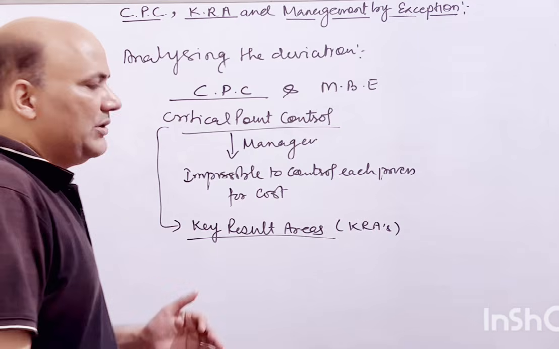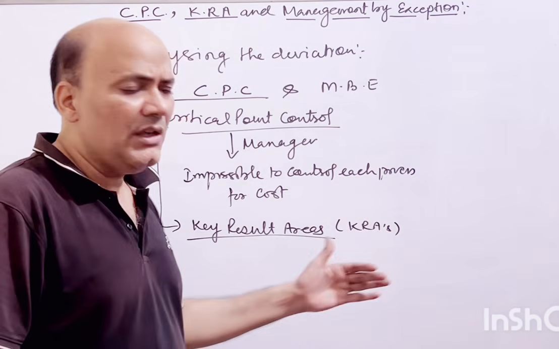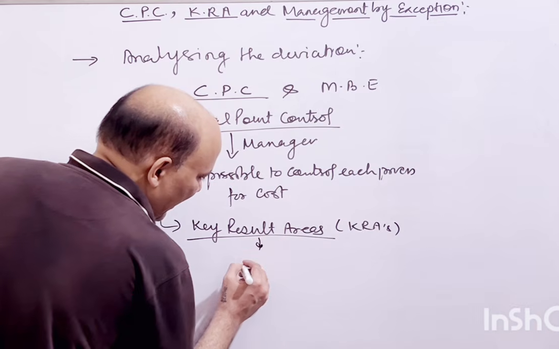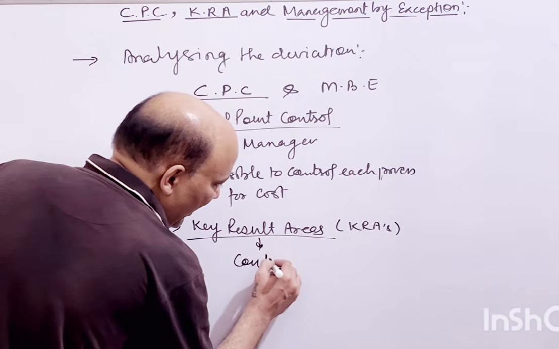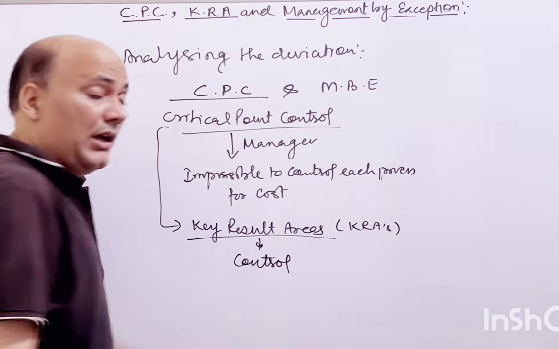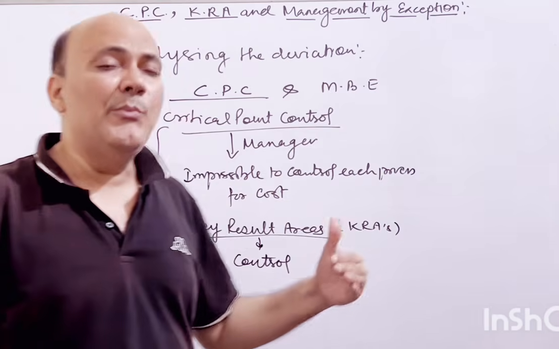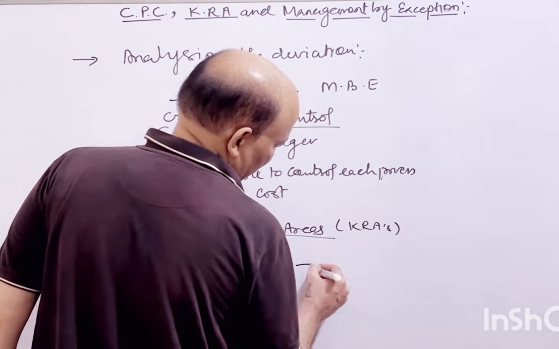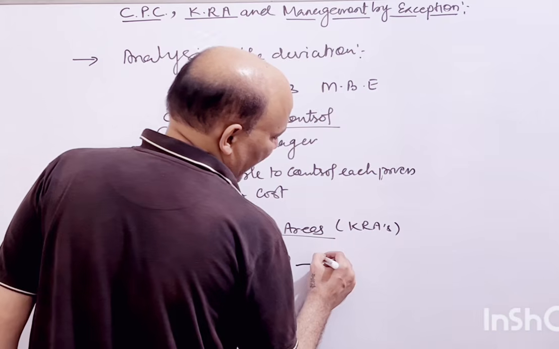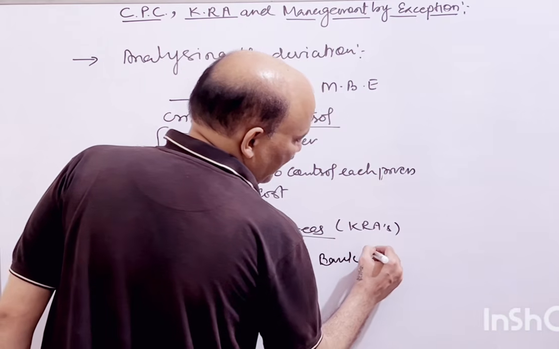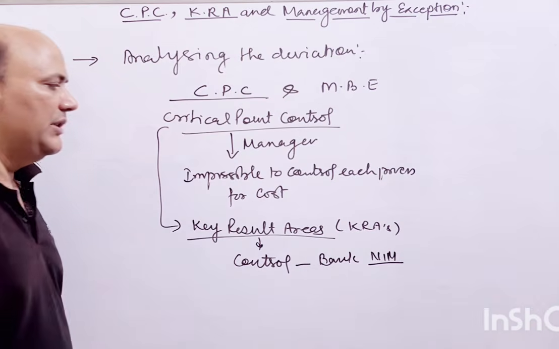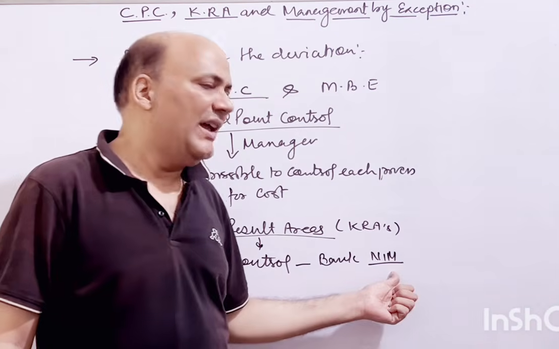Find out those key result areas and try to control all those areas which are very important for your organization. I have taken the bank example, and they have to control the NIM, that is net interest margin. That is the main thing which the bank has to control.